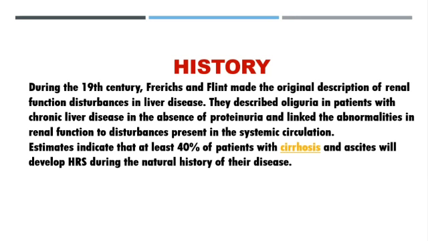It is estimated that 40% of patients with cirrhosis and ascites will develop hepatorenal syndrome during the natural history of their disease. The diagnosis of hepatorenal syndrome is based on the presence of reduced glomerular filtration rate, which is basically the GFR, in the absence of any other cause of renal failure.